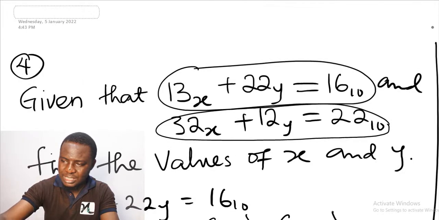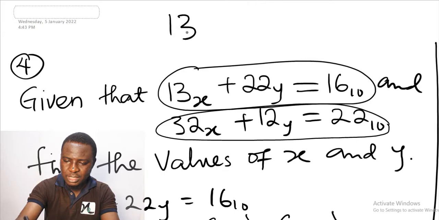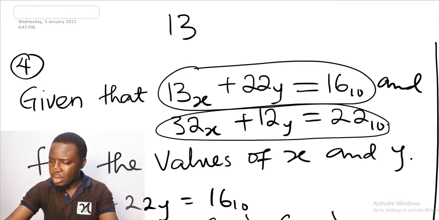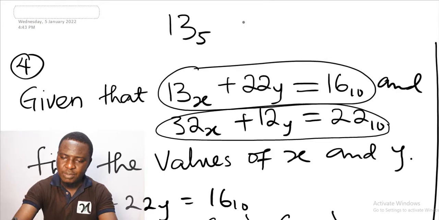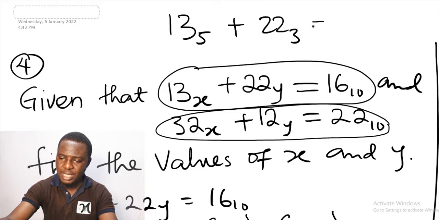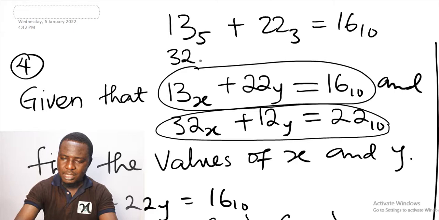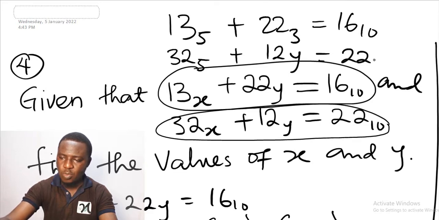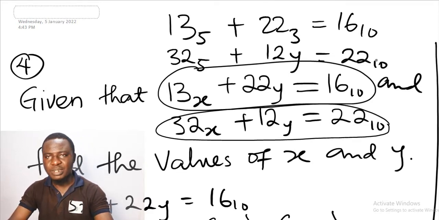What that means is, this is said to be in base 3 and base 5. That is 13 base x, x is 5. 13 base 5 plus 22 base 3 is equal to 16 base 10, and 32 base 5 plus 12 base y is equal to 22 base 10.